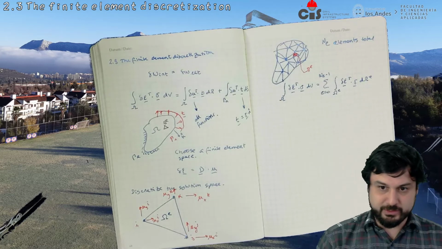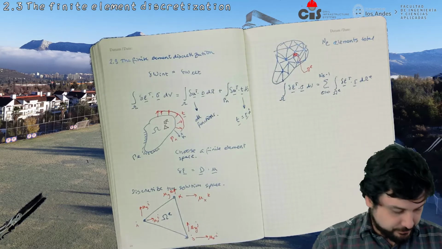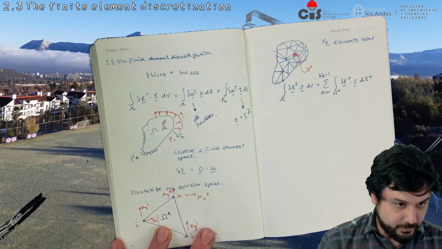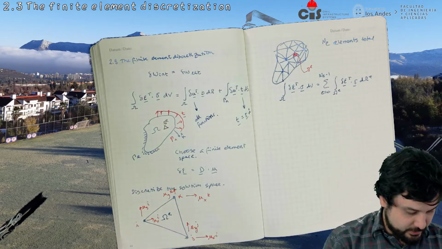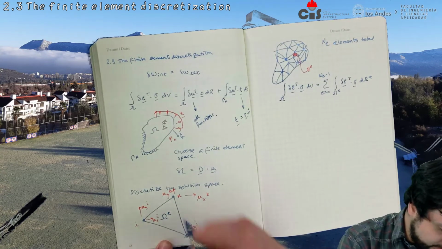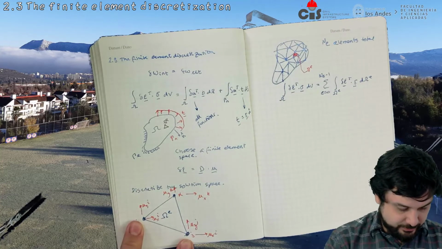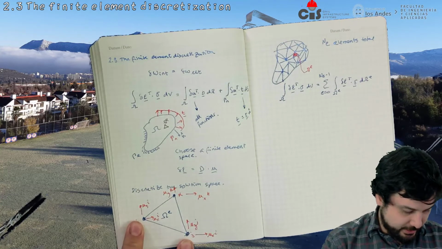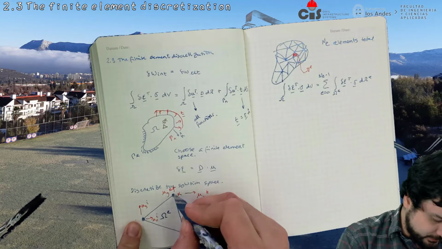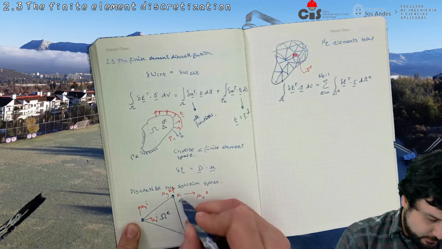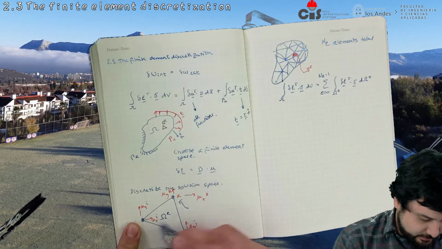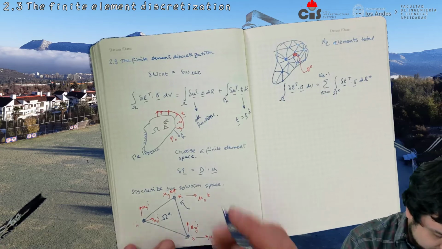Sorry, the handwriting sucks right now. Anyway, so here's the deal. You've restricted your domain to one of these triangles, and you're saying I'm only going to know... these elements are connecting nodes.